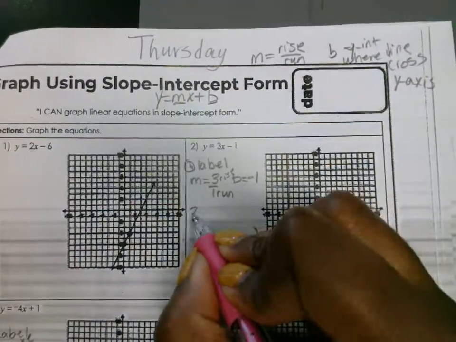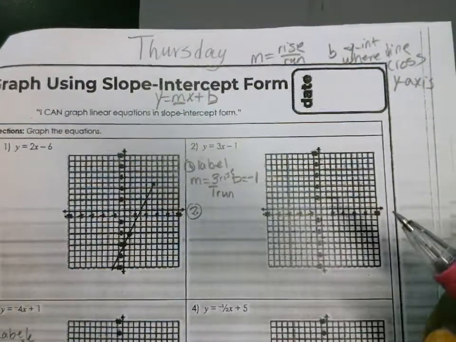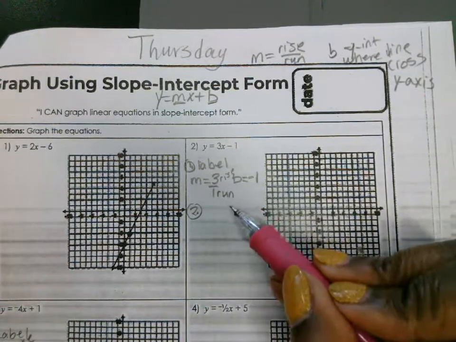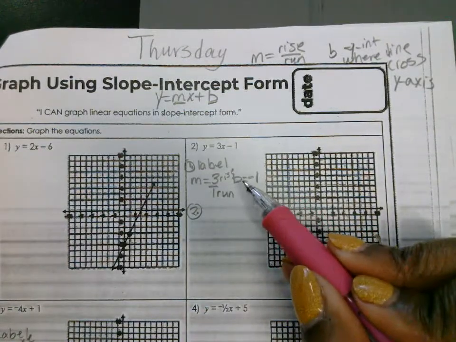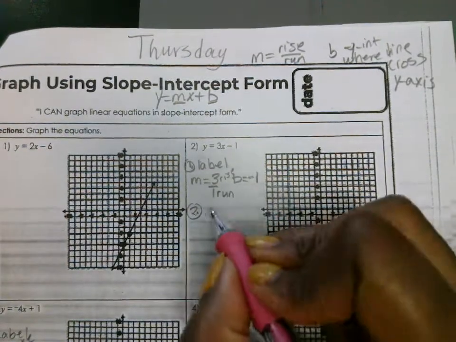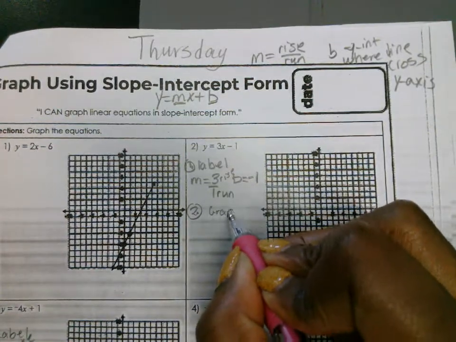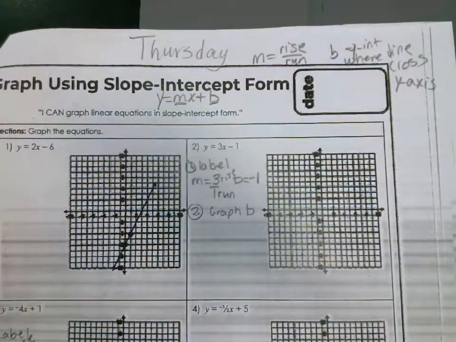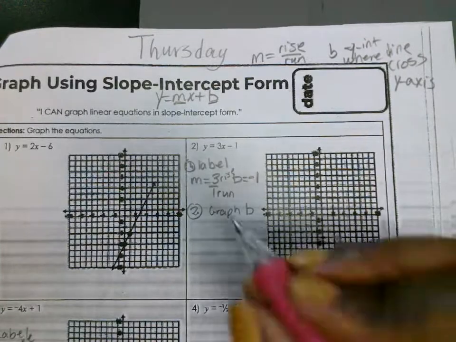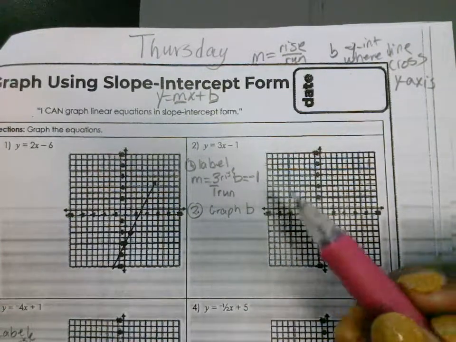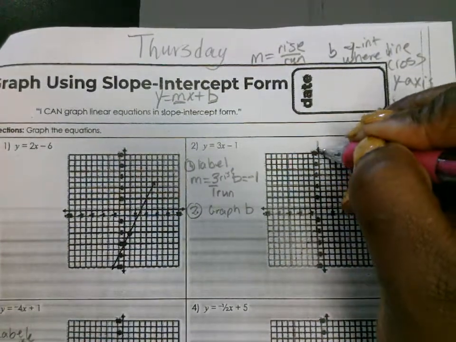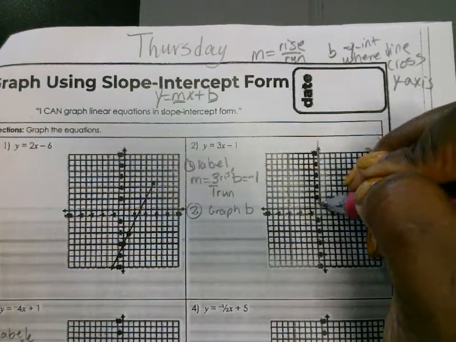Second step. Your second step is to graph your y-intercept. So you're going to graph B. B is your y-intercept. So I'm going to make sure I make this a little bit darker.